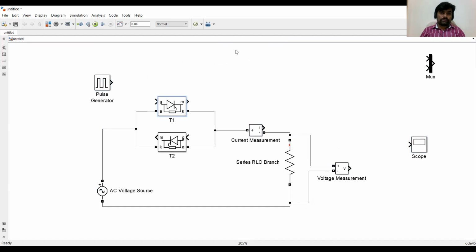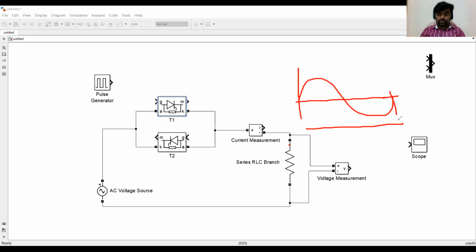So that is, which means, as I told you, I have given a 50 Hz supply. So for a 50 Hz supply, this is one cycle. To complete one cycle of 50 Hz, it takes a time duration of 0.02 second, which means one cycle is 360 degrees.